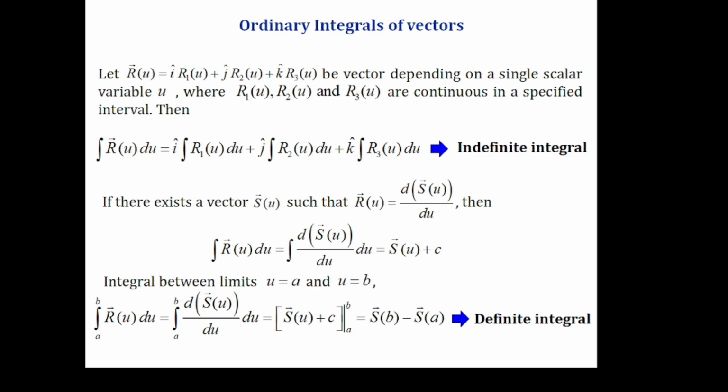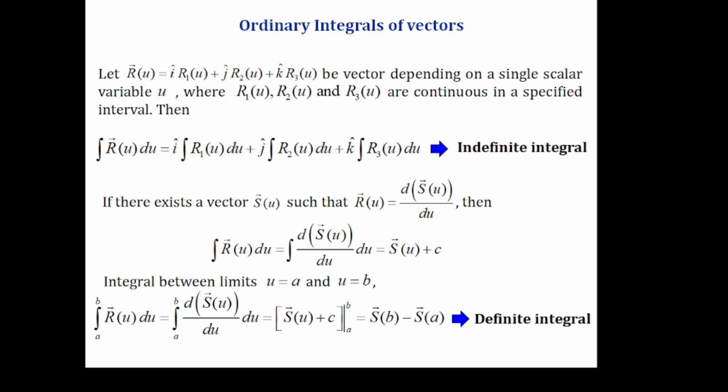Let us explain it using a simple example. All of you know that the velocity v(t) is equal to the rate of change of displacement, ds/dt. So here t is the scalar variable, and the integration of v(t) dt is equal to the integration of (ds/dt) dt.